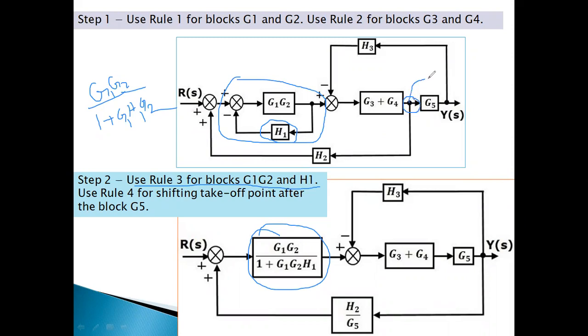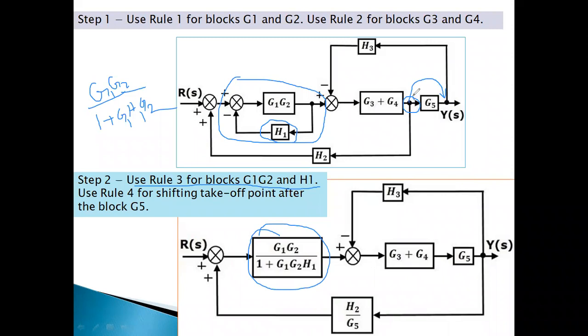So if we move a takeoff point after this block, we can merge these two blocks, G3 plus G4 into G5. We can reduce these two.